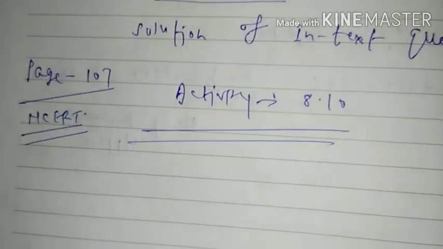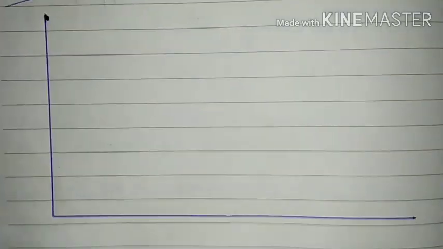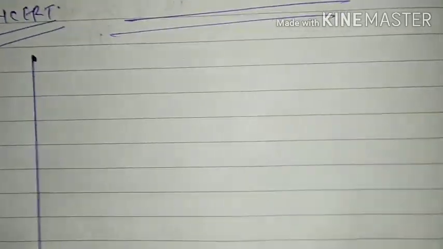First of all, suppose this is x-axis and this is y-axis. Really learn how we can solve problems related to graphical situations. So this is x-axis and this is y-axis.